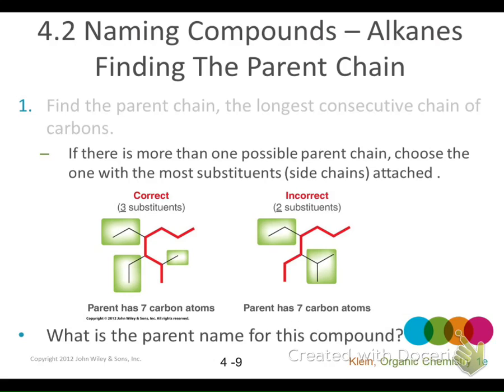The rule for determining which one should be the parent when there's a tie is the one that generates the most substituents. So that would be the one on the left. The reasoning is that if you have more substituents, they will have simpler names.